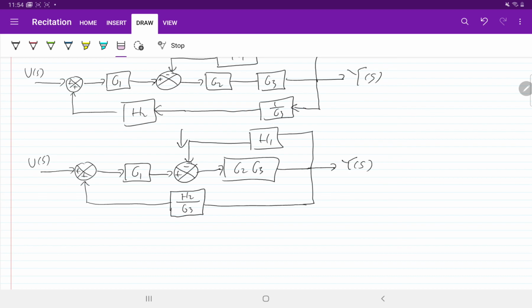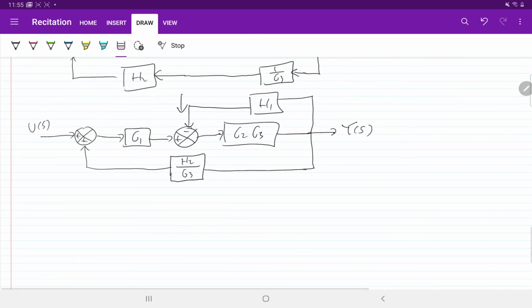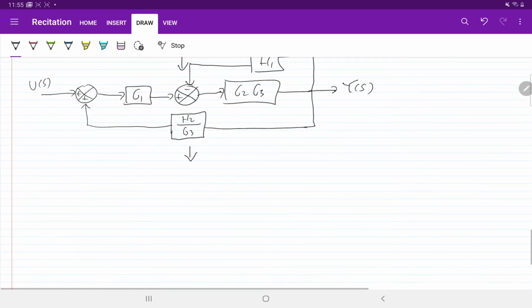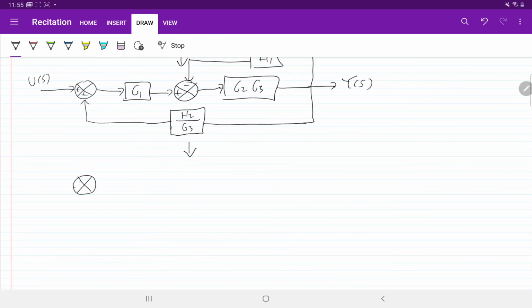So we have two feedback systems, right? This is the first feedback system, this is the second feedback system. So let us simplify these two feedback systems. Let us simplify the smaller feedback system first.